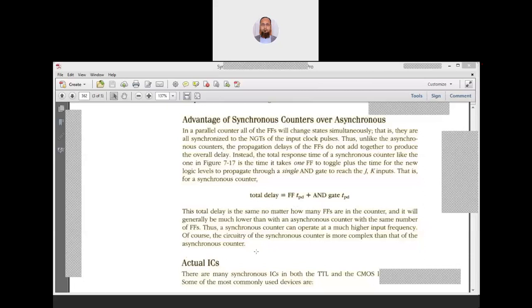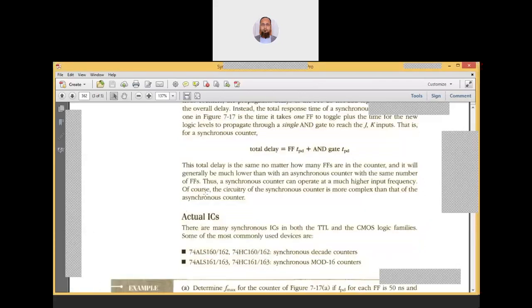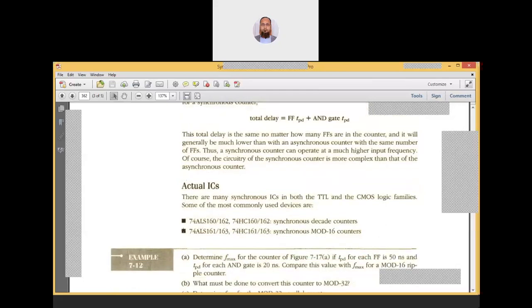I hope you understand this. You understand the advantage of the synchronous counter, and the disadvantage also. These are some of the ICs which are famous for counters: the 74ALS160 and 74HC160 are synchronous decade counters, and the 74ALS161 and 163 are mod 16 counters.